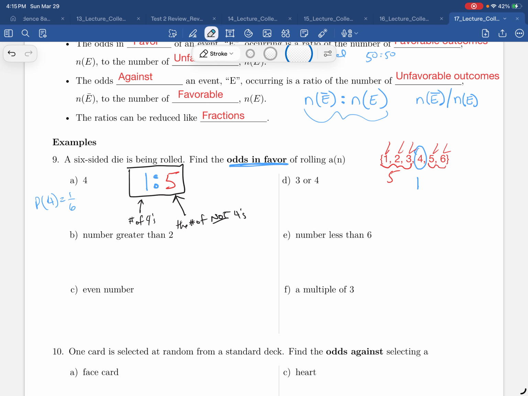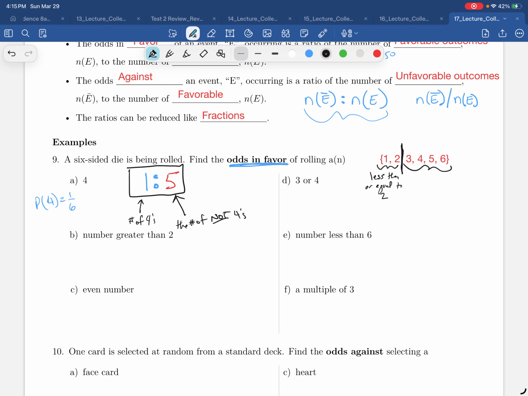Next, a number greater than 2. If we look back over here, we know that we're going to be able to split this right here. And we can say these are the numbers that are less than or equal to 2. And these are the numbers that are greater than 2.